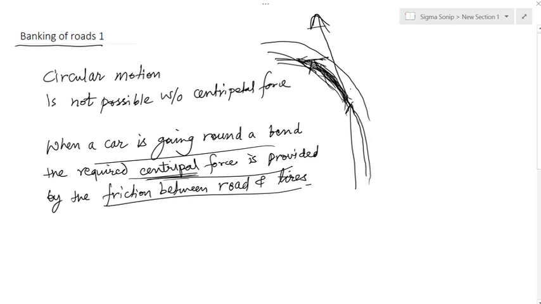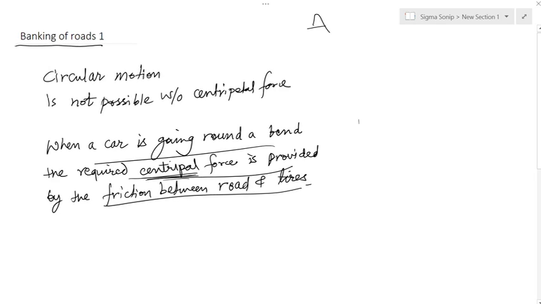Sometimes, to avoid this possibility, when your road is not able to provide you enough friction because of various conditions, maybe because of ice or because of water, the roads are banked. Banked means roads are tilted by a certain angle, by a small angle, so that you go round the bend comfortably.